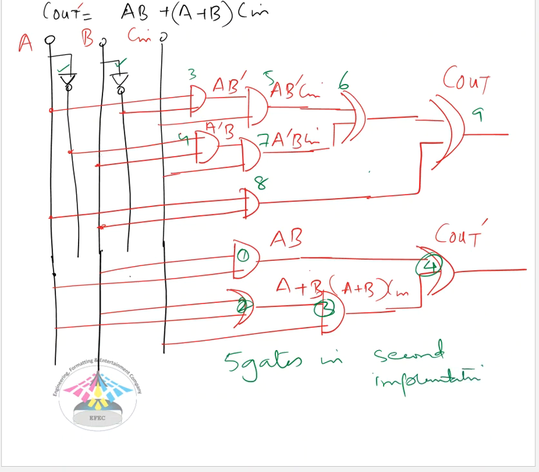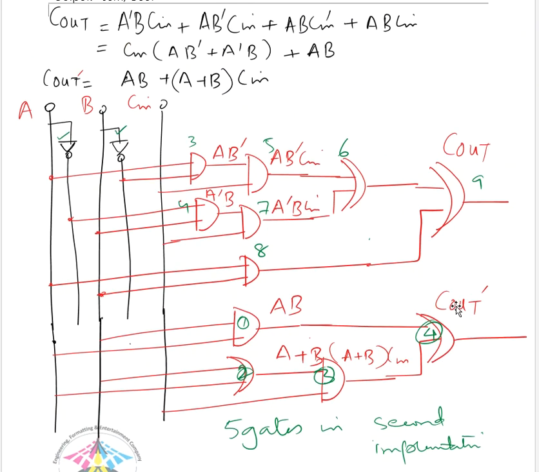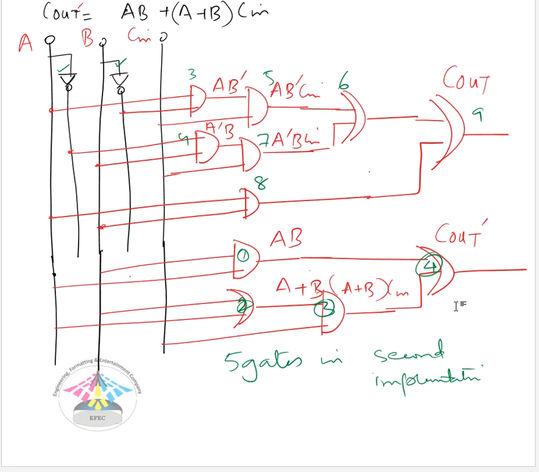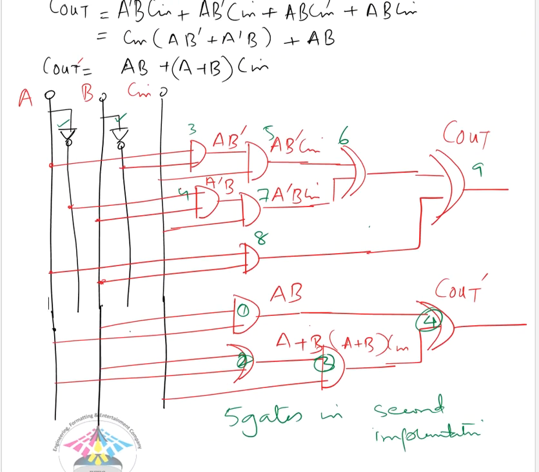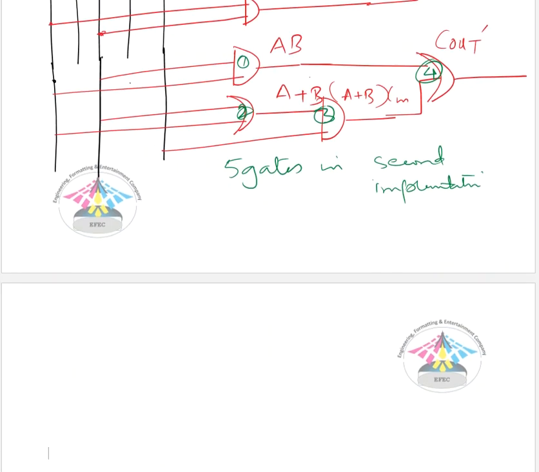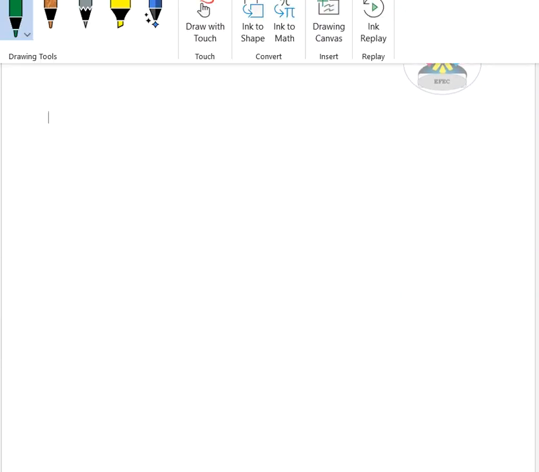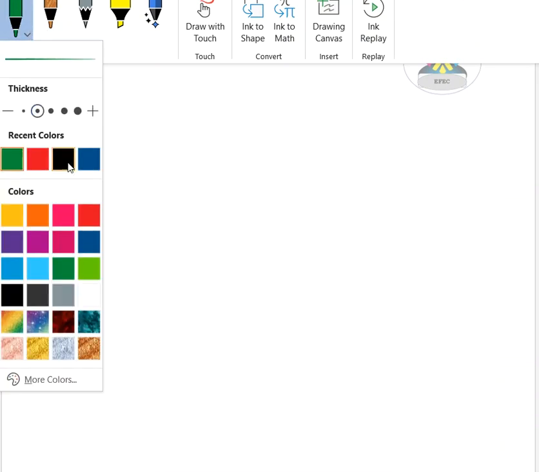So now let's talk about the second implementation, which is about the sum. For sum, again we had two types of the terms.